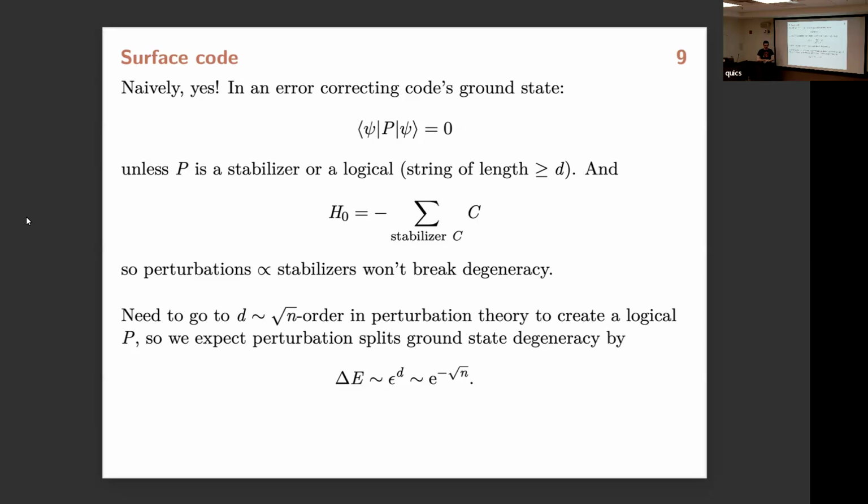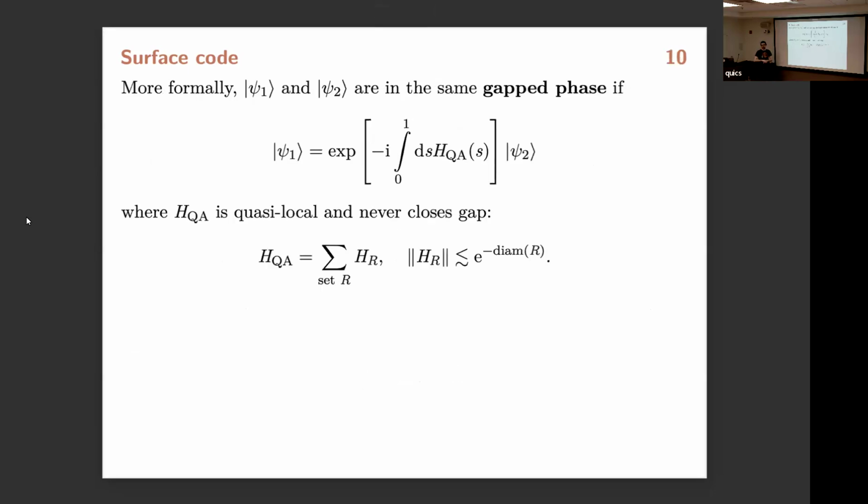And so the other thing that we just need to ask is whether the gap will close under this process. A little more precisely, we can say that maybe psi1 is one of the ground states of H naught, and psi2 is one of the ground states, loosely speaking, of H naught plus epsilon V. And we can say that these are in the same gapped phase if there's a quasi-local Hamiltonian, which under finite time evolution generates a unitary rotation between these two states.